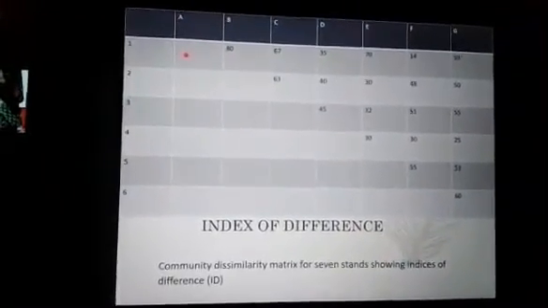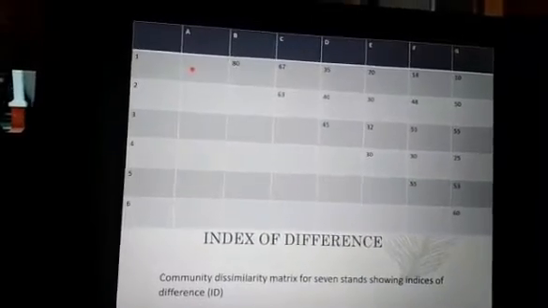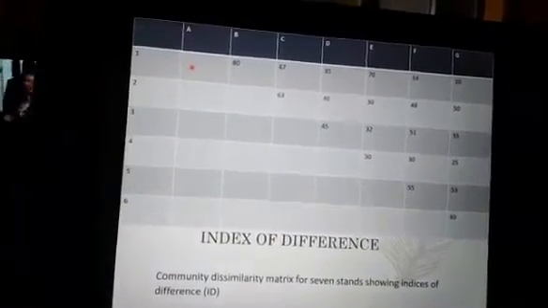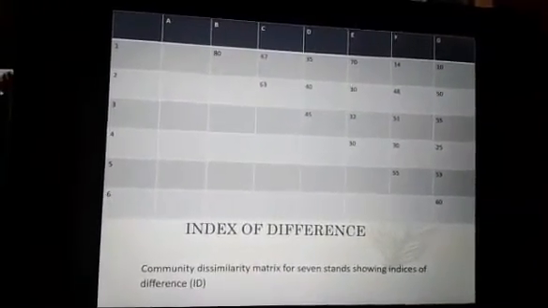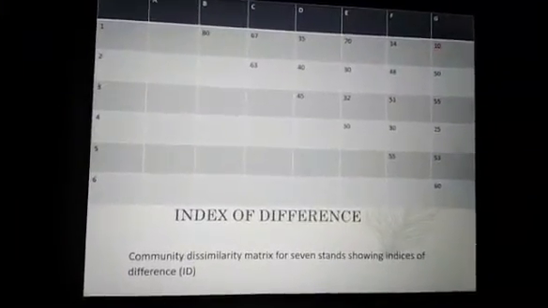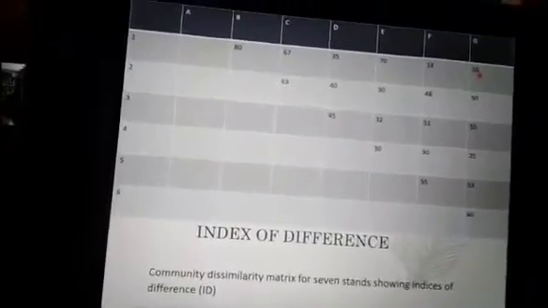So this is the community dissimilarity matrix for 7 stands showing indices of difference. These are the indices of difference.